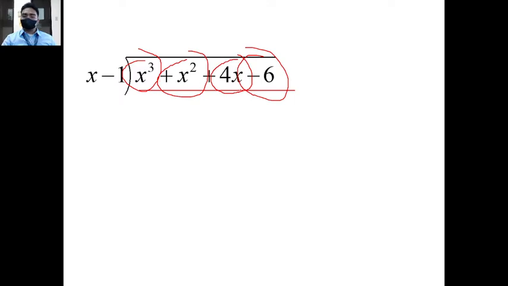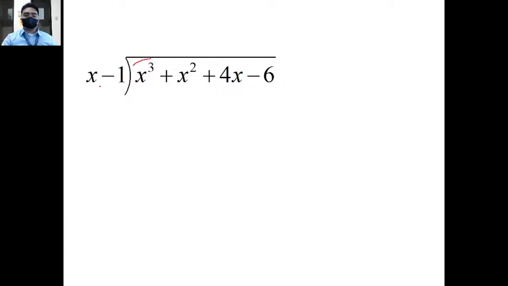The last term that doesn't have any variable is what we call a constant. Coefficients are different from constants. Take note of that, because coefficients are beside the variable. Alright.